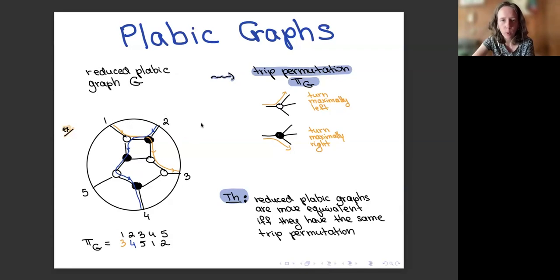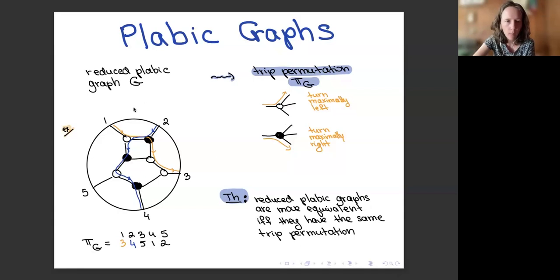All right, so what's a trip permutation? It comes from a trip. A trip is a path in my graph which starts at the boundary, meaning on the circle, and ends at the circle, such that I follow the edges of my graph, and whenever I hit a white vertex, I turn maximally left, and whenever I hit a black vertex, I turn maximally right.